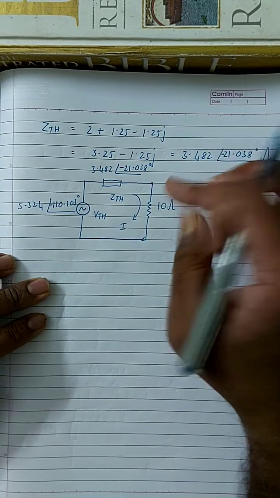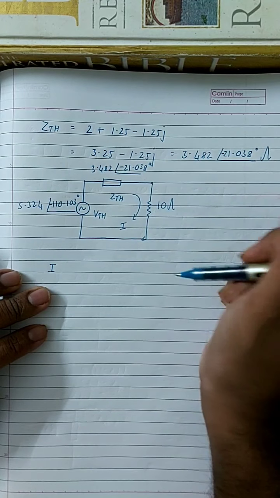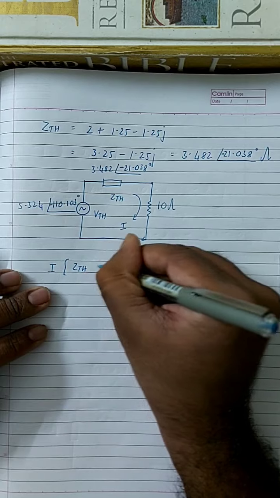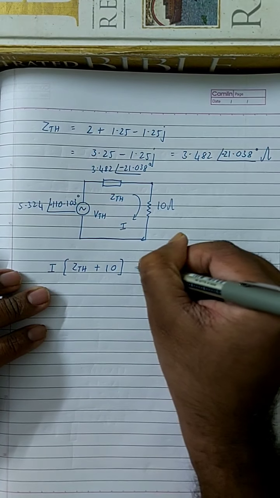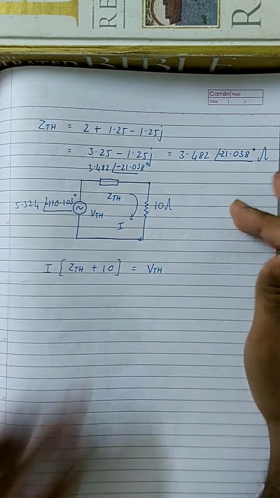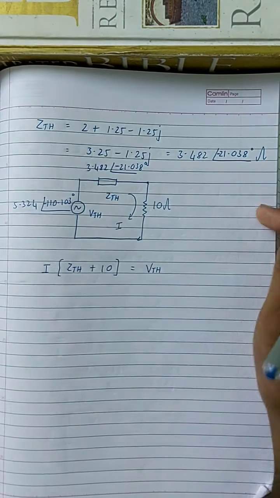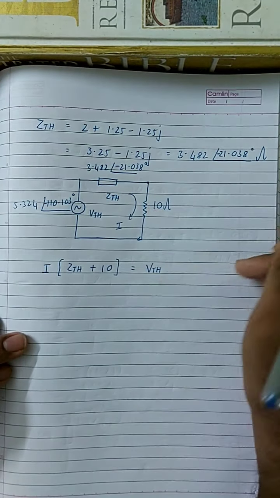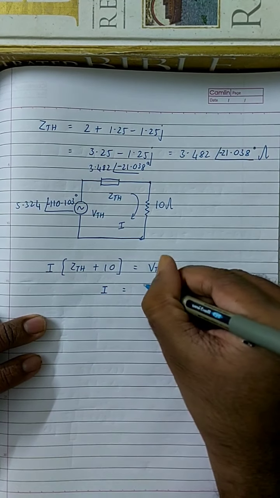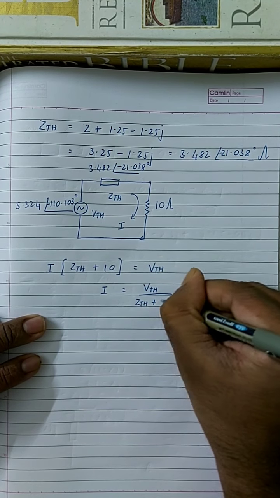What is the current through the 10 ohm resistor? That is I, this is ZTH and this is 10 ohm, right? So I into (ZTH plus 10) is equal to VTH. This is the equation, according to mesh analysis. Or in other words, I is equal to VTH by (ZTH plus 10).